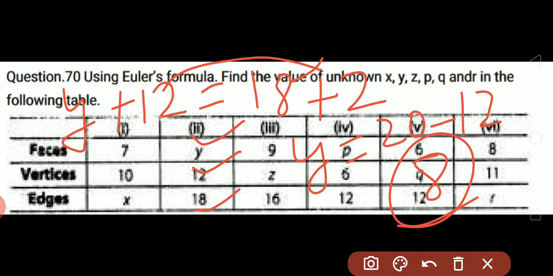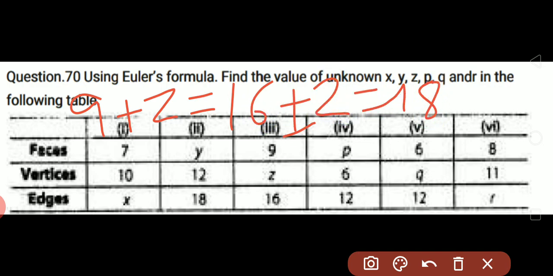So the value of y is 8. Come to the third part. You can see we have been given faces 9, vertices we have not been given, so put z, and this is equal to 16 plus 2, that is 18, and then z is equal to 18 minus 9, that is 9. So 9 is the solution.